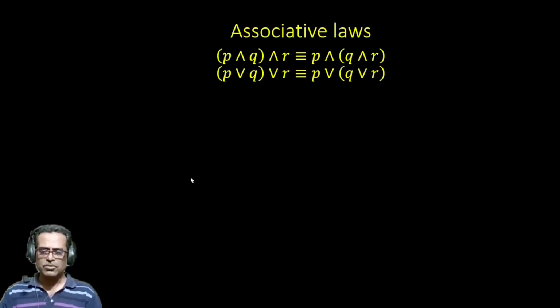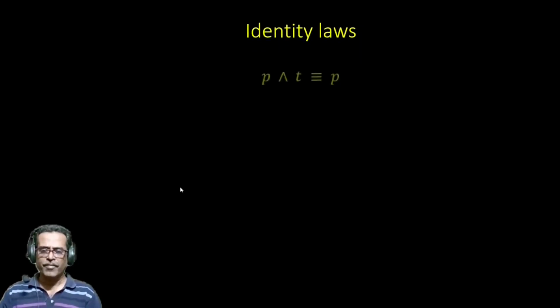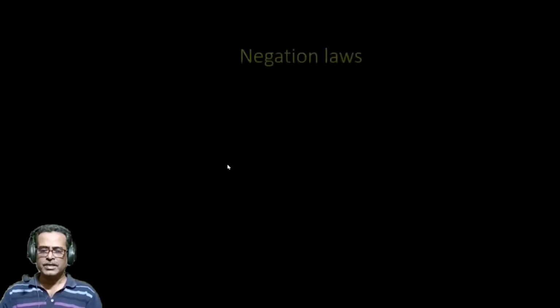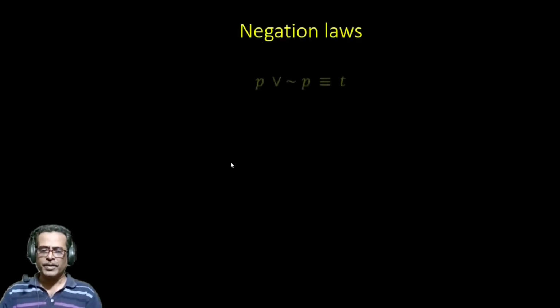This is called the associative law. Next, identity. For any proposition P, P and tautology is equal to P, and P or contradiction is equal to P. These are the identity laws.